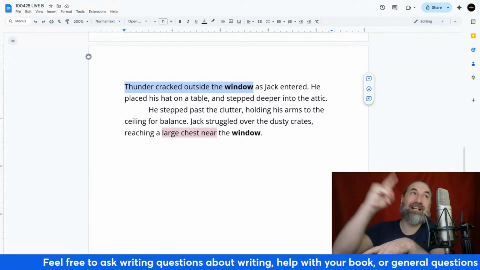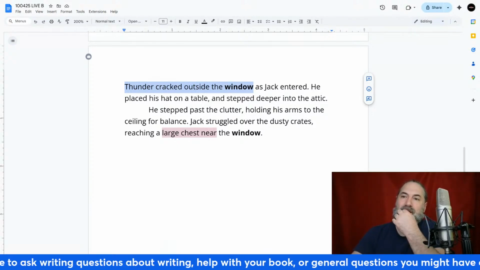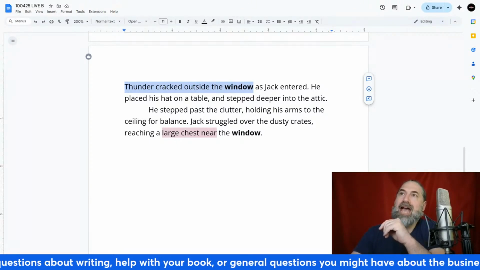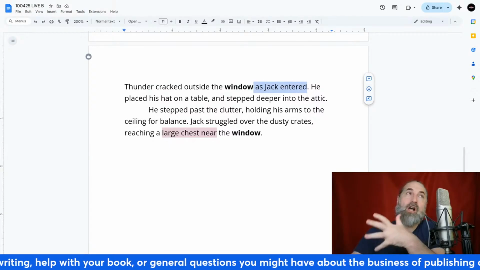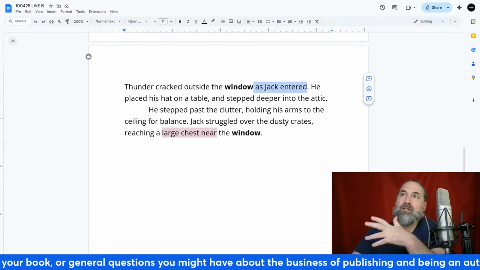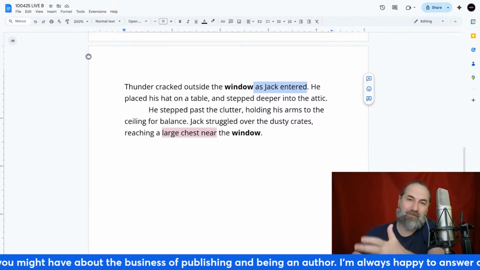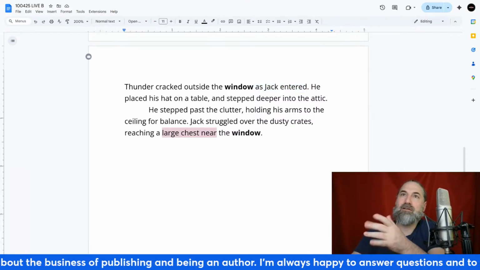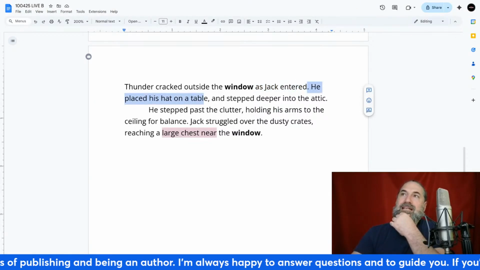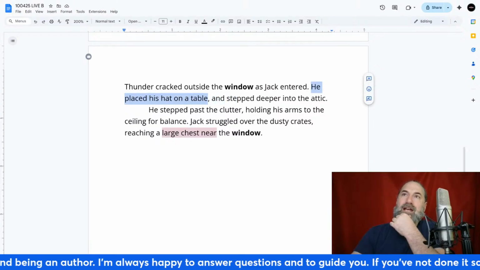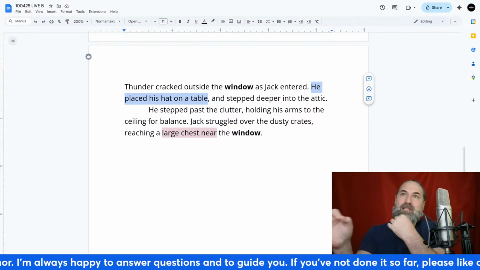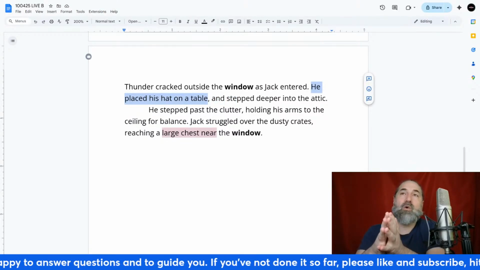We're not really touching the other senses, right? As Jack entered. This is also objectively true. It is not subjectively being filtered through the emotional experiences and or choices of the character. He placed his hat on a table is, again, objectively true. It is fast-paced because we are not learning why he did it.